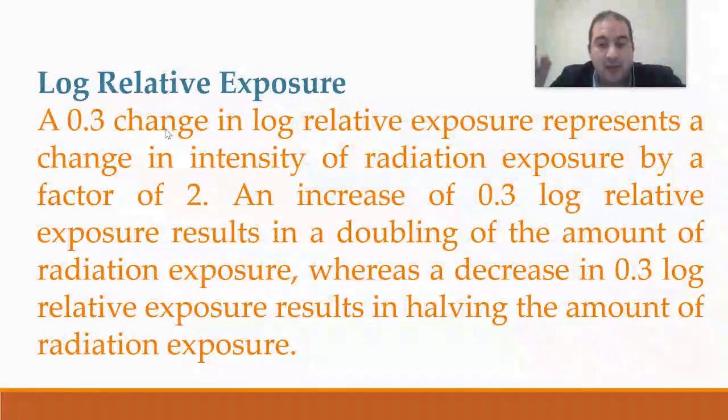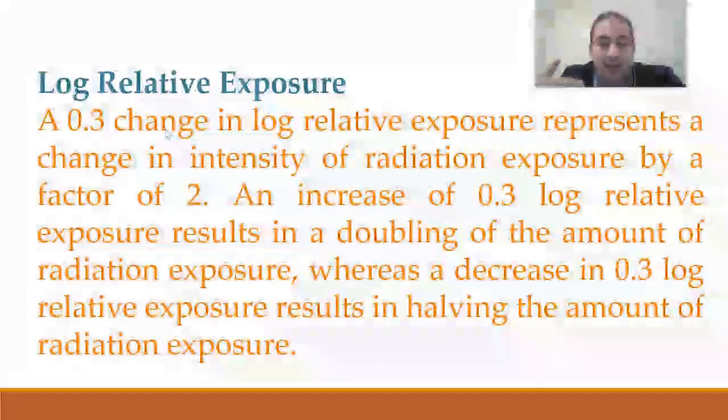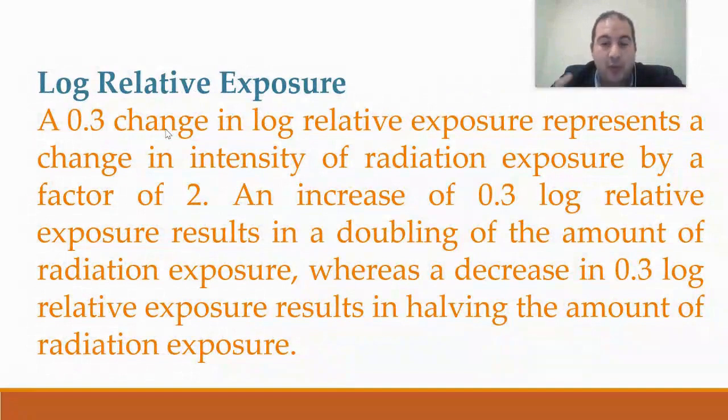Thus, increased exposure increases the optical density. A decrease in log relative exposure means the cut in relative exposure we were talking about. It's like you're reducing the amount of radiation exposure as if you're dividing it by 2.